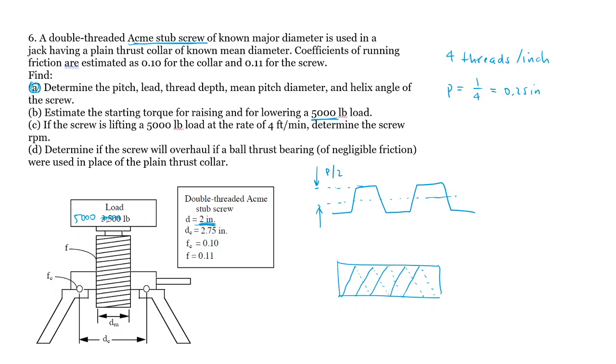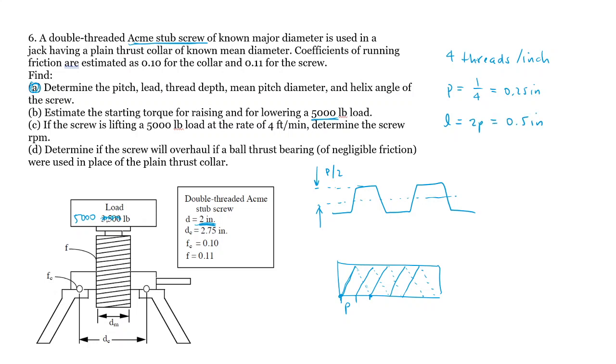When I turn a nut or the screw a full turn, it'll actually go up 2 pitches, because the pitch is the distance from here to here. So if I know that the pitch is 1/4, the lead, which is the distance that the screw will go in or out after a full turn, would be 2 pitches.